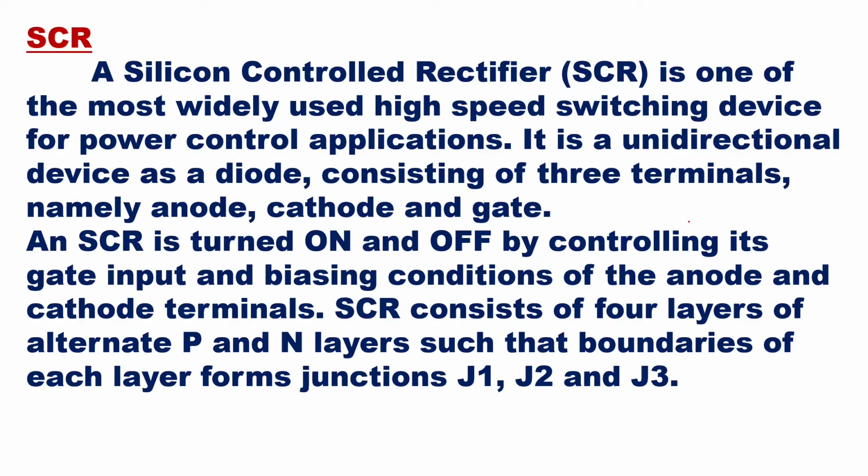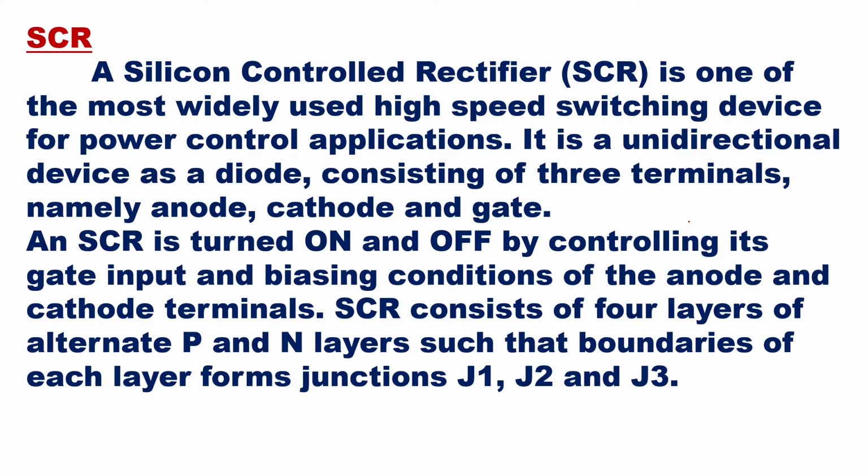If you look at the theory of the SCR, a silicon controlled rectifier is one of the most widely used high-speed switching devices for power control applications. It is a unidirectional device. Like a diode, the current will flow only in one direction, and it consists of three terminals, namely anode, cathode, and gate. An SCR is turned on and off by controlling its gate input and the biasing conditions of the anode and cathode terminals.